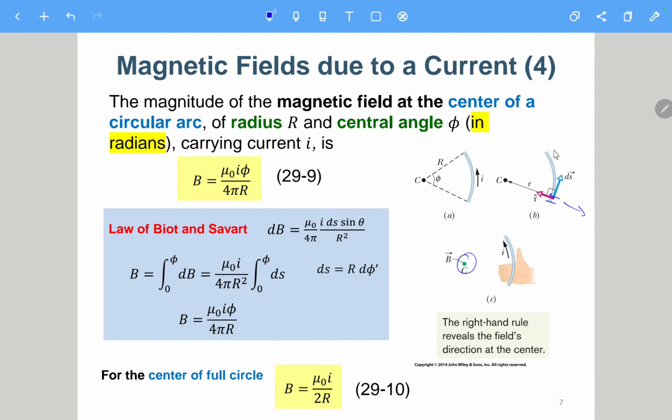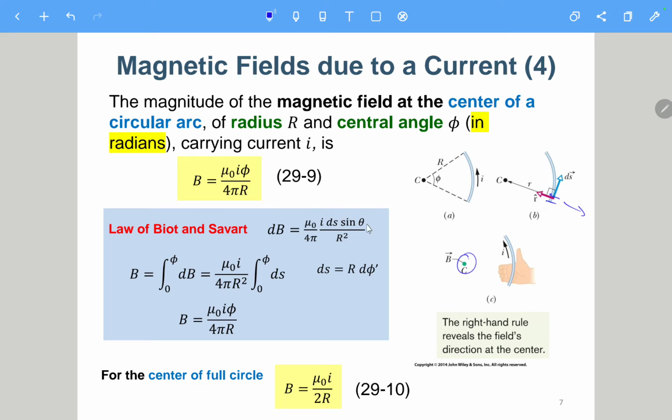Okay, so for every segment, the dB is always pointing out of the page, so they just add up together. In that case, we have B equals the integration of dB from 0 to phi.